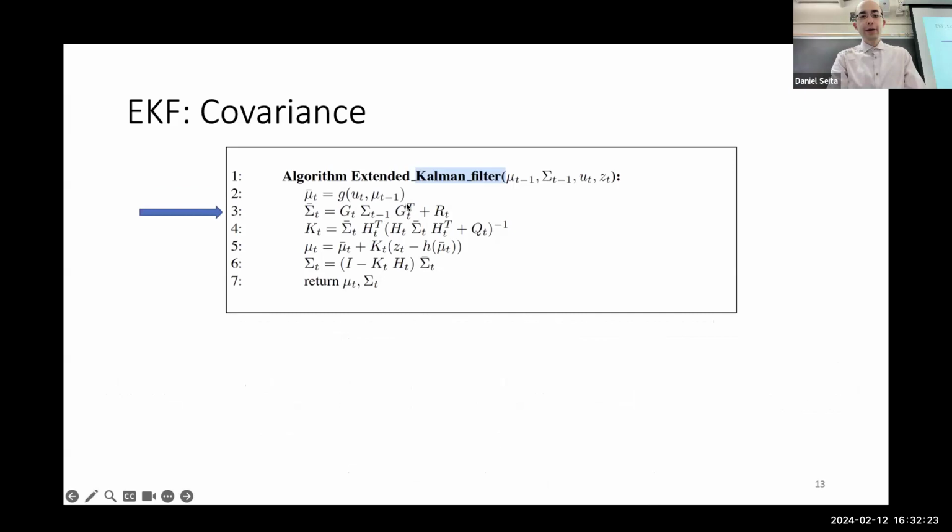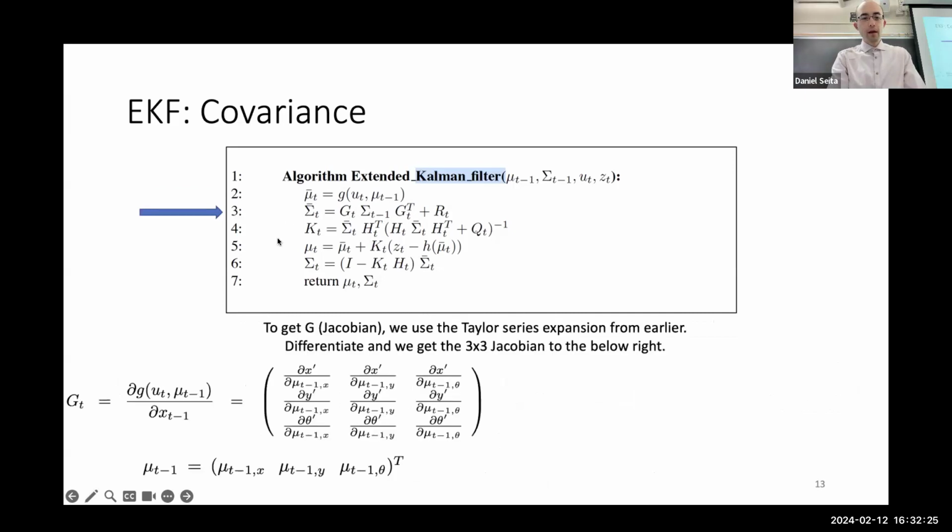So if you look at this line here, what we want to do is get what G is. I'm going to spend a little bit of time on this because I think the confusing thing here is the notation, so we should try to make it a bit clearer. The point is to define the Jacobian, because we need that in order to actually use the EKF.